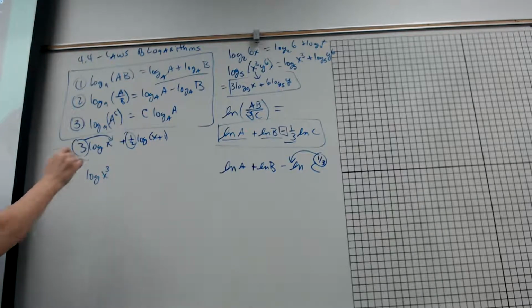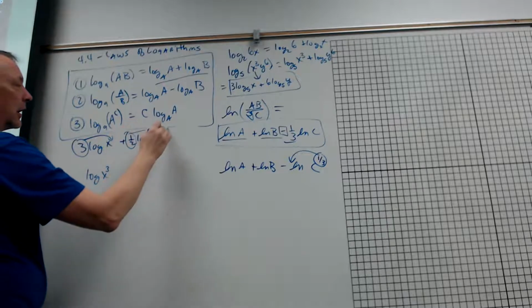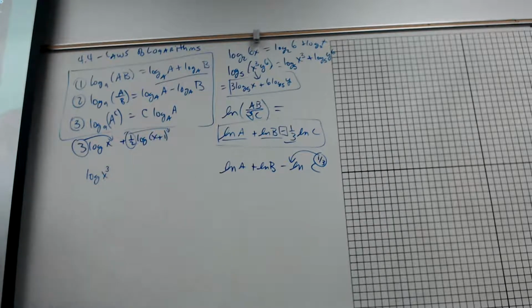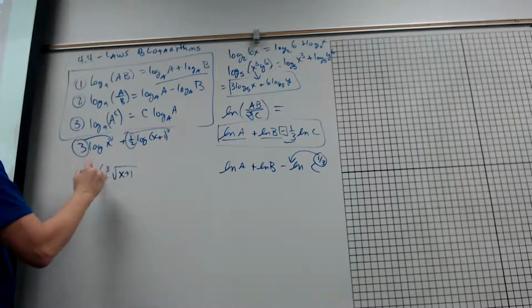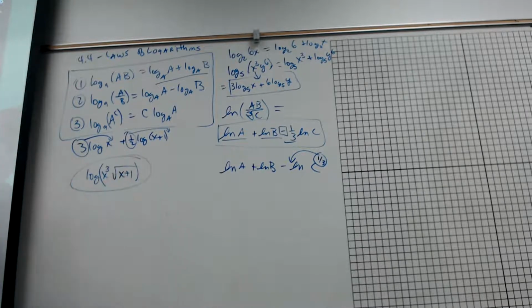You can move it, so it'd be x plus 1 to the half. And 1/2 could also be written as the square root. So this could be written as the square root of x plus 1. Okay, you've got that written as a single logarithm. Does that make sense?